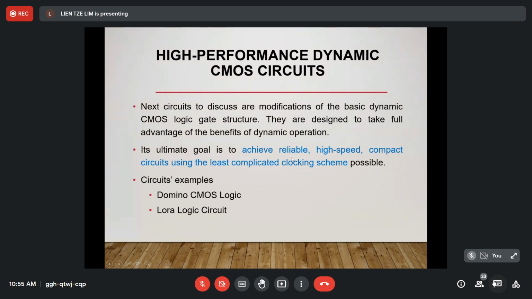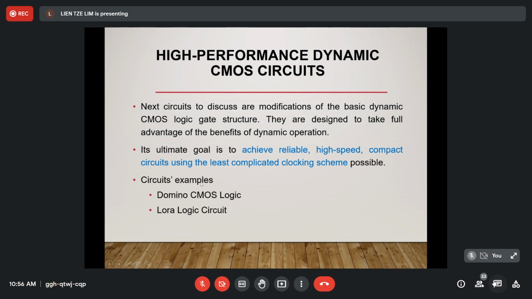High performance dynamic CMOS circuit. The next circuits to discuss are modifications of the basic dynamic CMOS logic gate structure. They are designed to take full advantage of the benefits of dynamic operation. Its ultimate goal is to achieve reliable, high-speed, compact circuits using the least complicated clocking scheme possible.